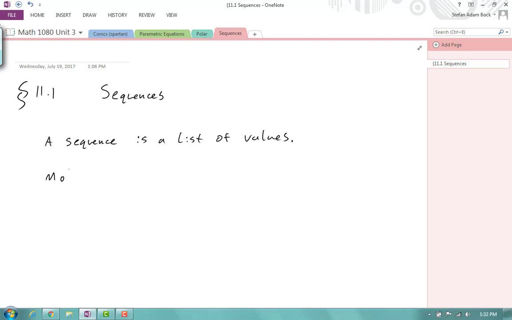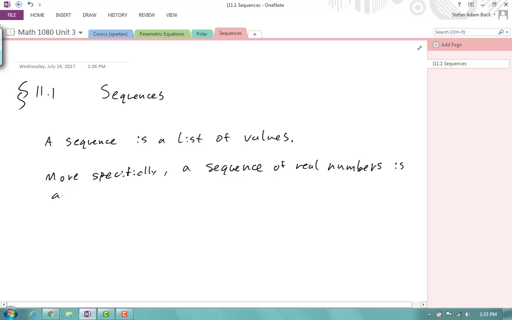So more specifically, a sequence of real numbers is a list of real numbers enumerated by the integers.